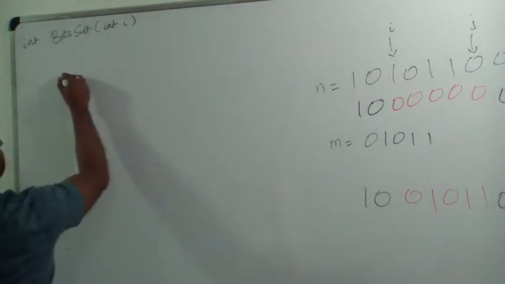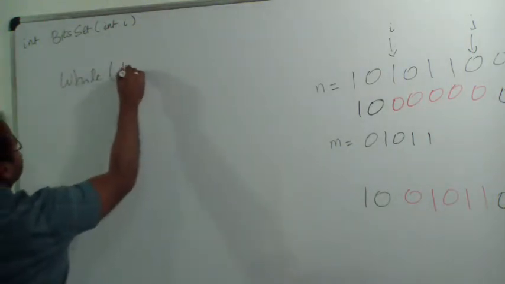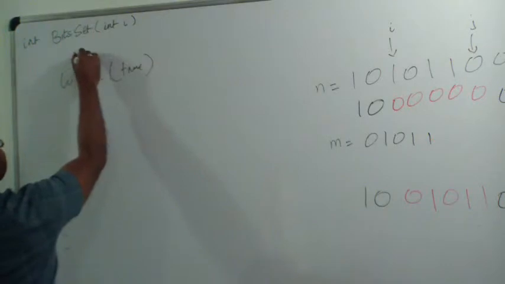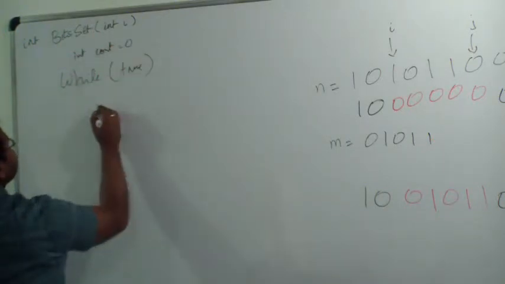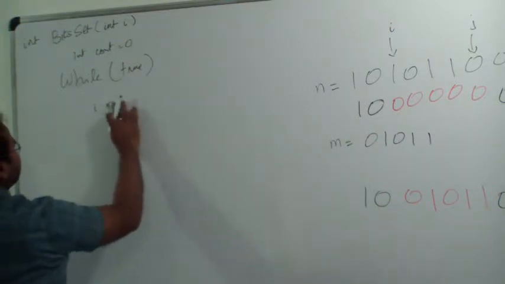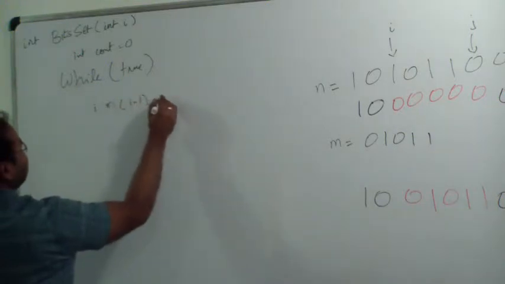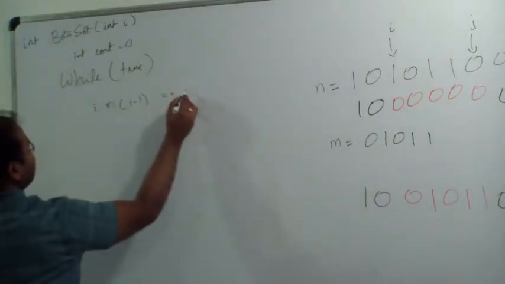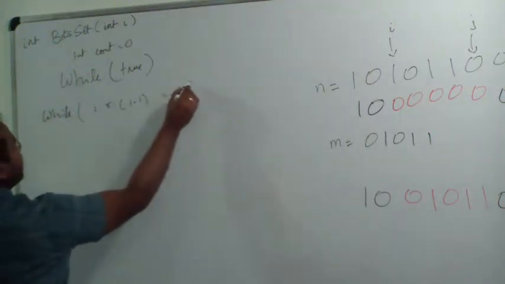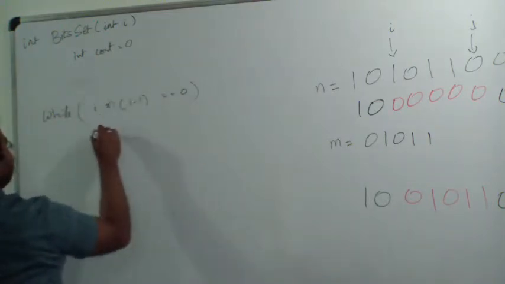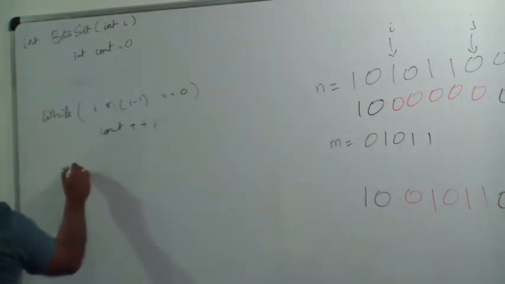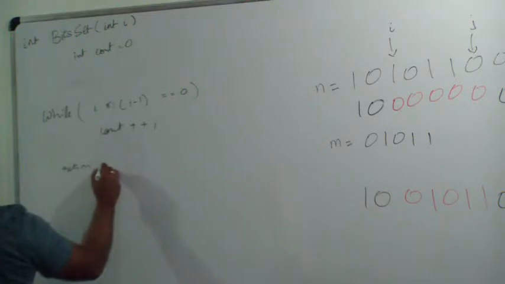So while I put some condition over here, and then we say we have some counter, and then we say I and I minus 1 equals 0. Actually, that becomes a condition. Return your count.